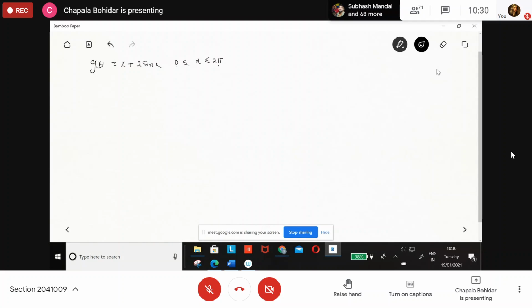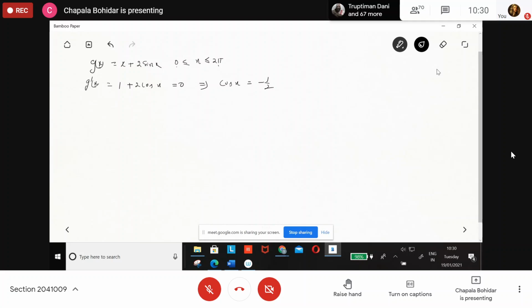What will we do here? First, you have to find the critical points. To find the critical points, we find g dash x is equal to 1 plus 2 cos x equal to 0. This implies cos x is equal to minus half. Is it clear to all of you?